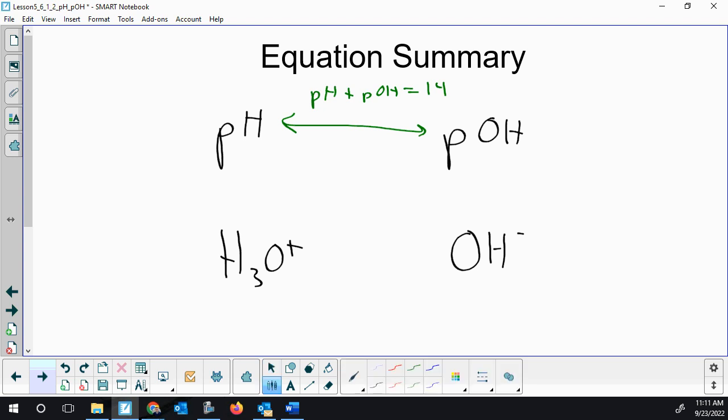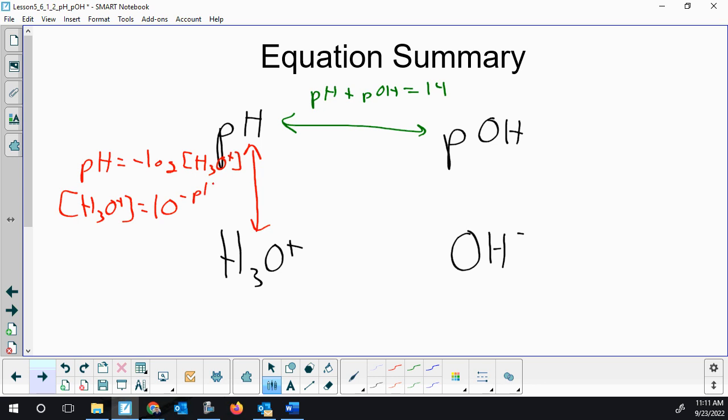Okay. Where we started with were the 2 relationships that let us go from pH to hydronium or vice versa. So pH is negative log of hydronium, and hydronium is 10 to the minus pH.